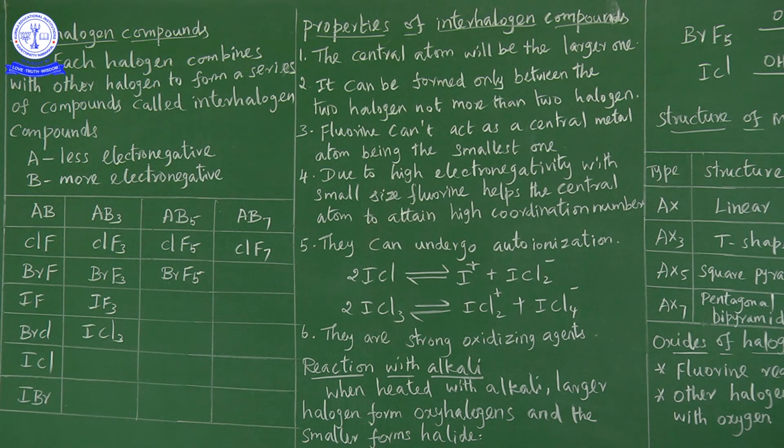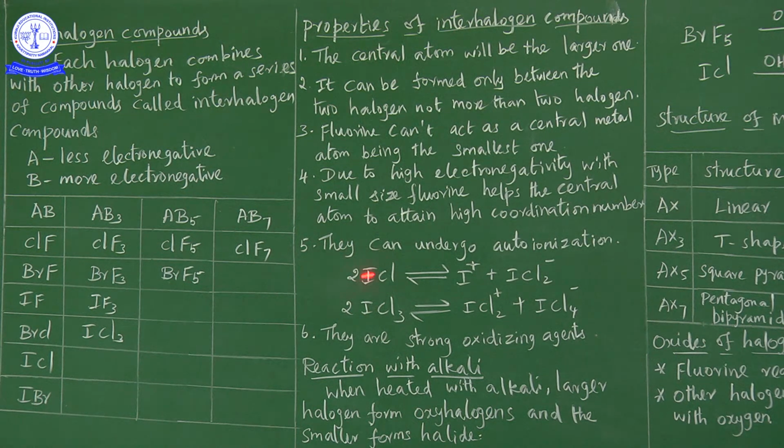Fluorine is the highly electronegative element in group 17, and with its small size it gives the central atom a high coordination number, meaning the maximum number of atoms are bound to the central atom. With 7 fluorines attached to iodine in AB7 type, the coordination number is 7. In AB5 type the coordination number is 5.